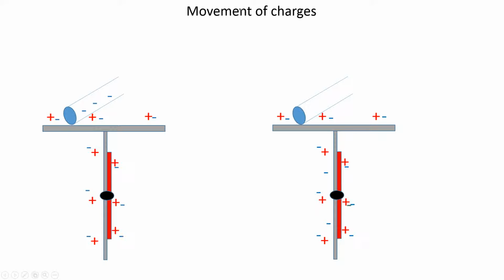And here you go. The electroscope will be completely negatively charged. Negative and negative repel one another. So the little stick here will be repelled from the rest of the electroscope.